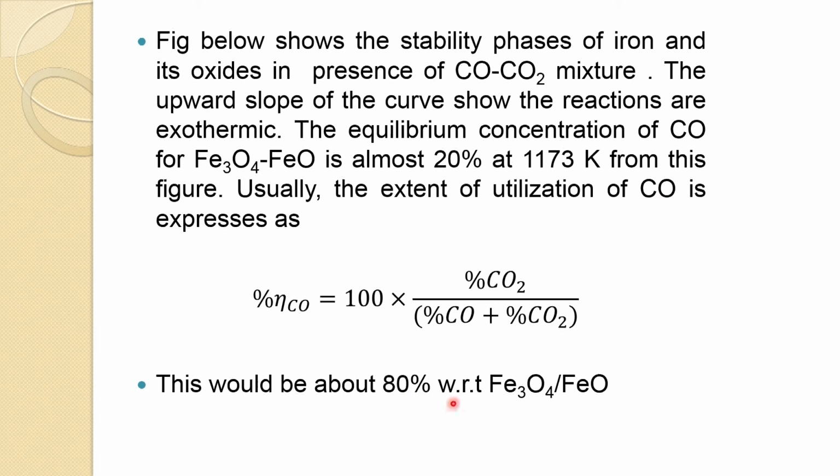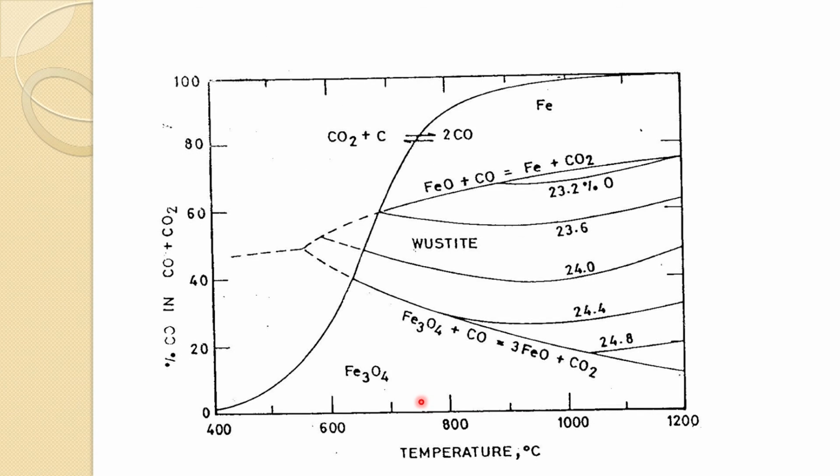So, with respect to what we discussed just now, for magnetite to FeO with 20% CO, it would be 80% efficiency of CO for this reaction.